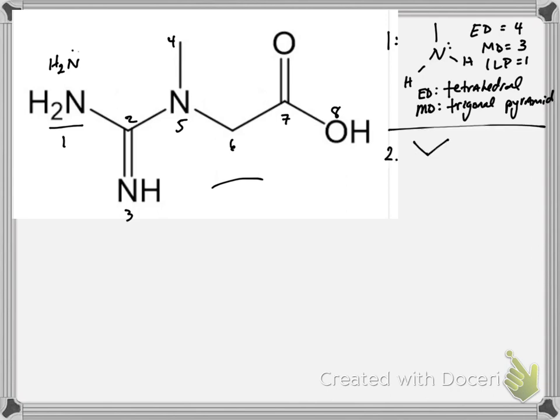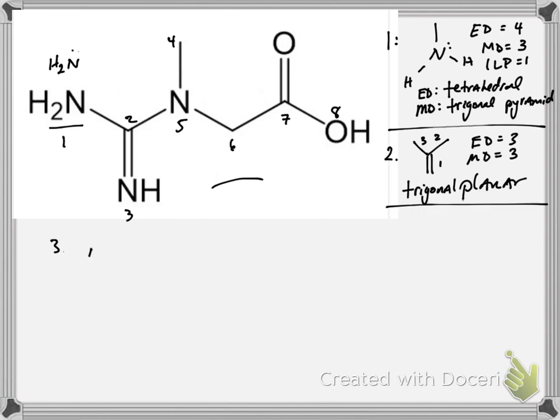Let's look at 2. 2 is a carbon atom with 3 domains. So 3 domains electronically, 3 domains molecularly, so this is trigonal planar. That gives us 120 degrees.